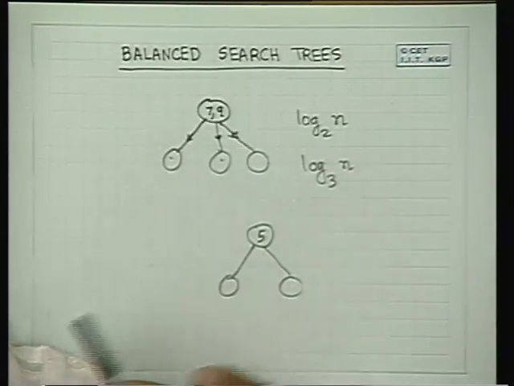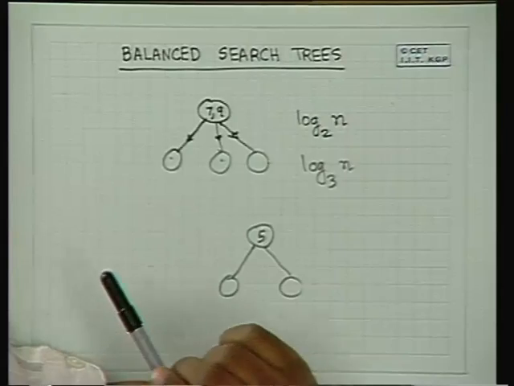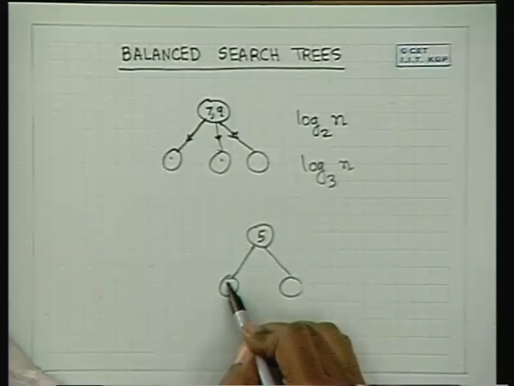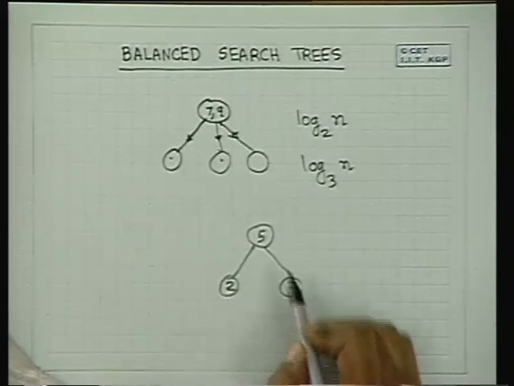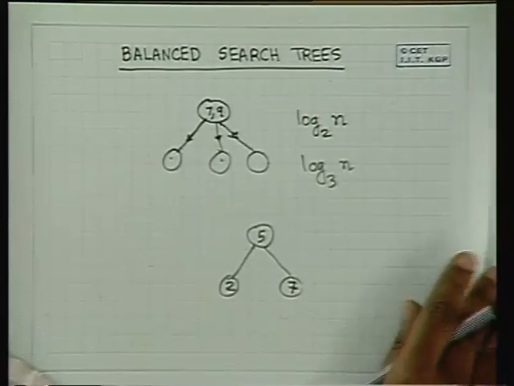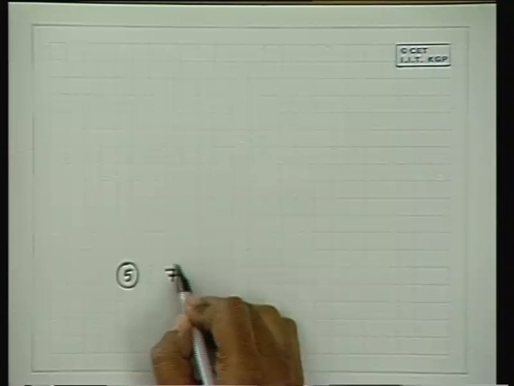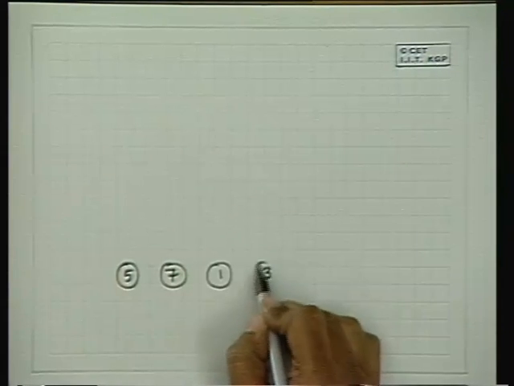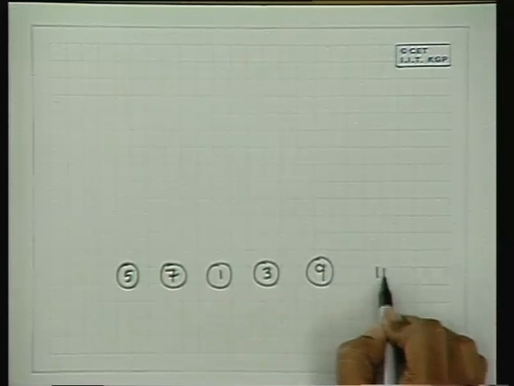Now 2-3 trees are similar to the tournament style data structures which we did. In a binary search tree, say 2 and 7, the keys are stored at the nodes. But if you recall the tournament data structure, the actual nodes were stored at the leaf, and only comparison values were stored internally, say for example 5, 7, 1, 3, 9, 11.